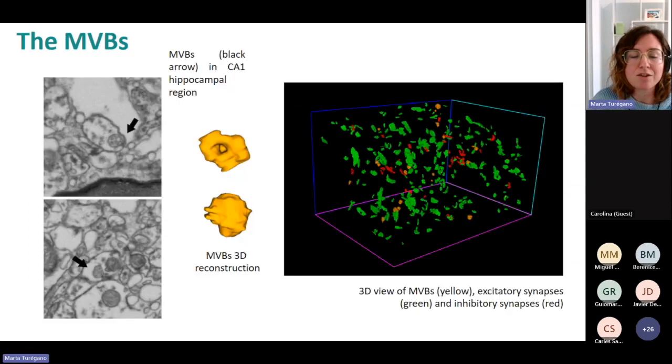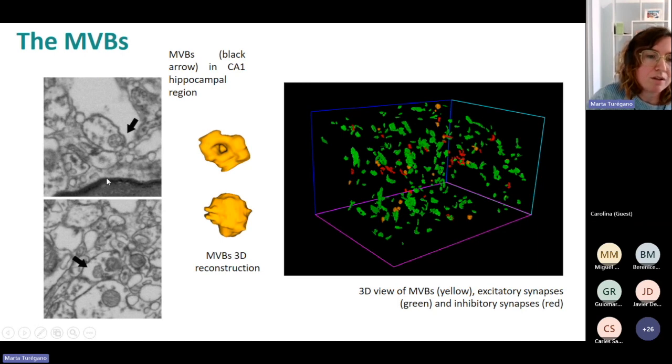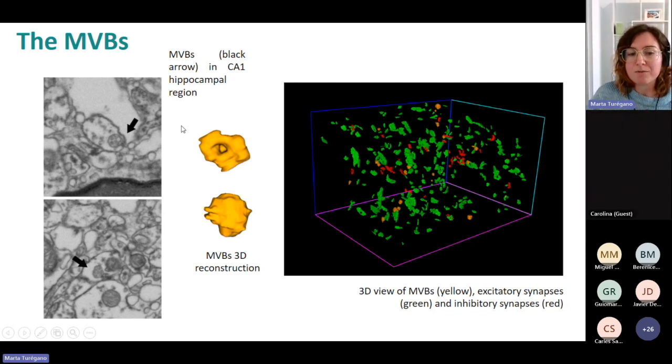Okay. So now I'm going to show you the images of multivesicular bodies from our samples. As you can see here, this is an organelle with a simple membrane with vesicles. It's important to say that we don't use only one image to identify the multivesicular bodies.